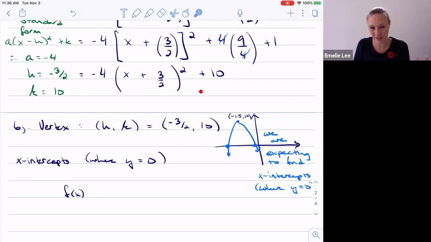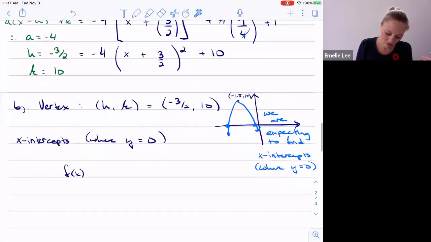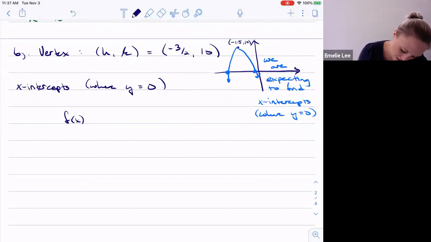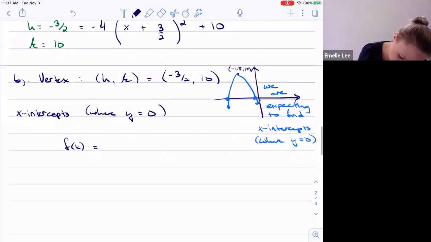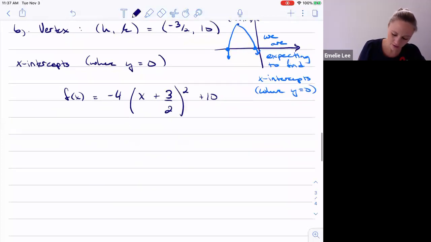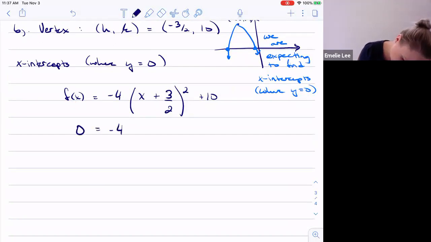You'll find the same answers, so it doesn't really matter. So f of x is negative 4 times x plus 3 over 2 squared plus 10. So if we're forcing y, which is equal to f of x, to be 0, 0 is negative 4 times x plus 3 over 2 squared plus 10.